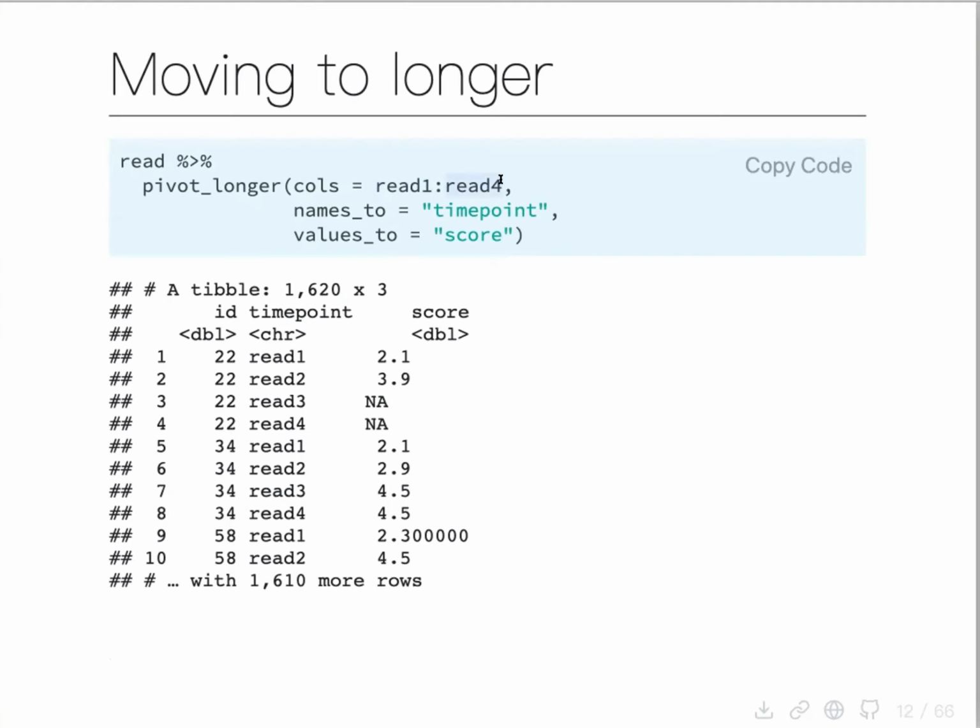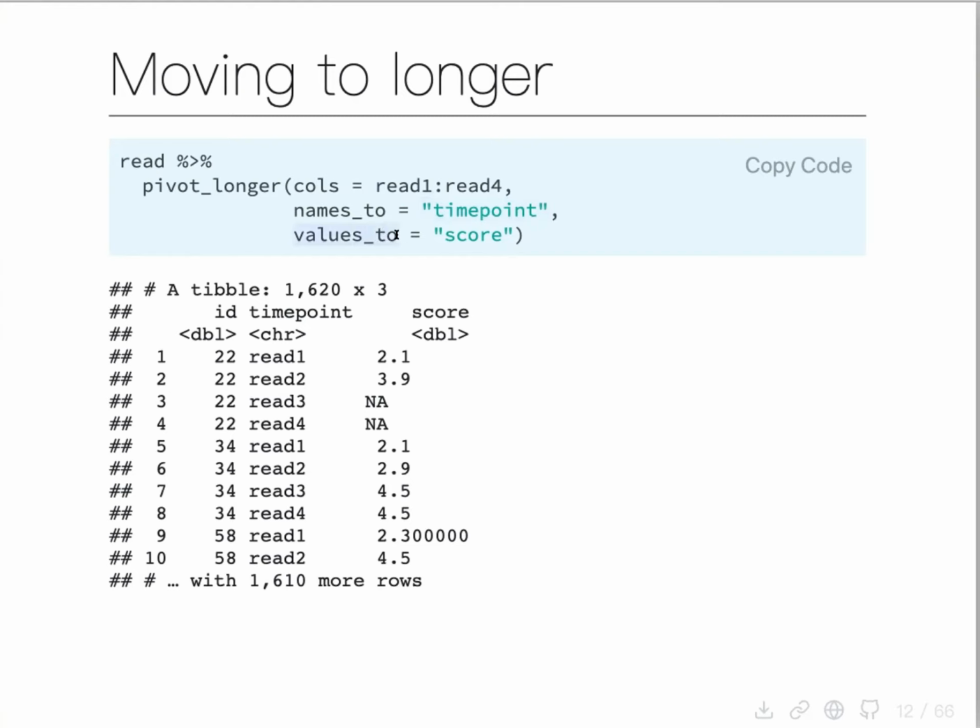Okay? So we're taking those 4 columns in this case, and we're saying we're going to include all of those as we pivot longer. And the names from those columns are going to go to a new column that we're going to call time point. Okay? This is up to you. You could call it wave, you could call it time point, anything that makes sense to you, right?